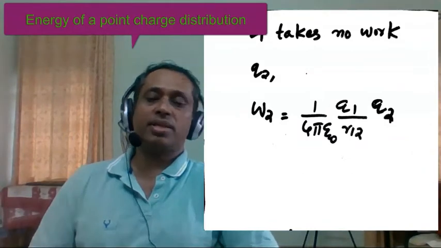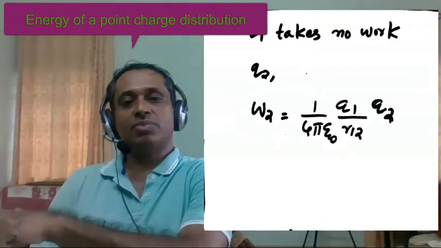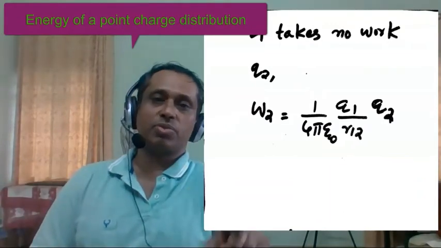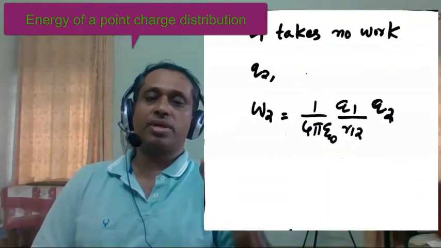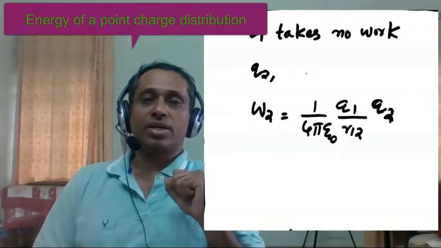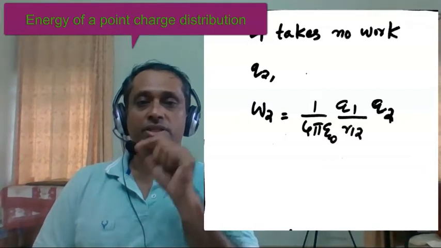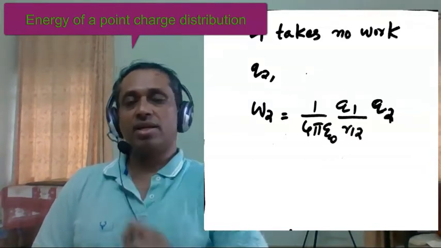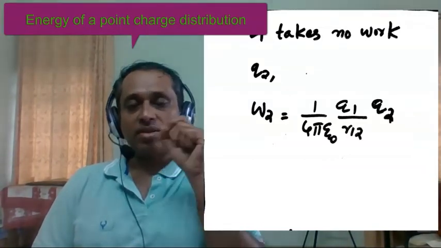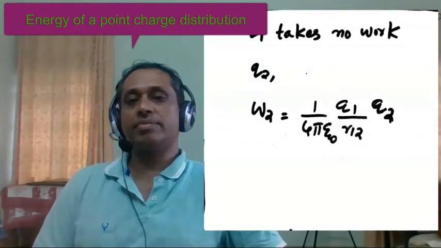Now we are bringing the third charge. So first charge is at position R1, second charge is at position R2. What is the work done? How do we calculate it? We first calculate the potential at the position of the third charge, Q3, which is at R3.